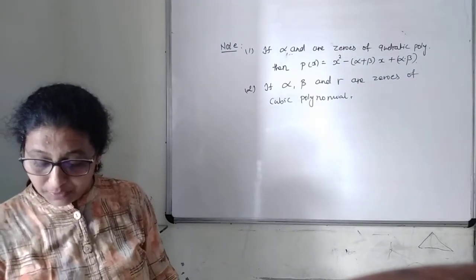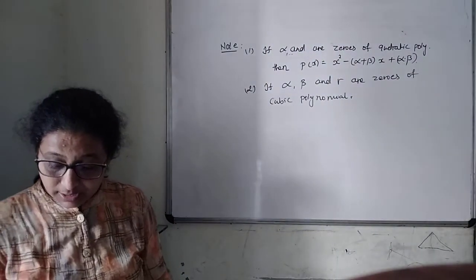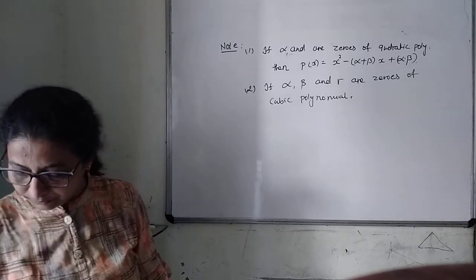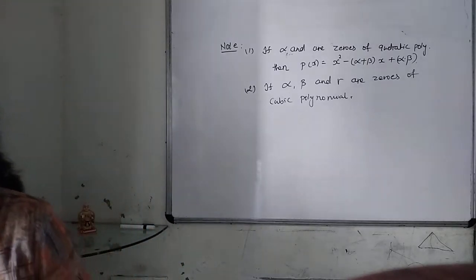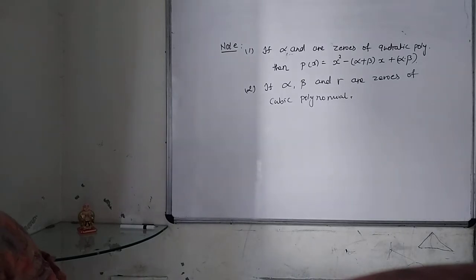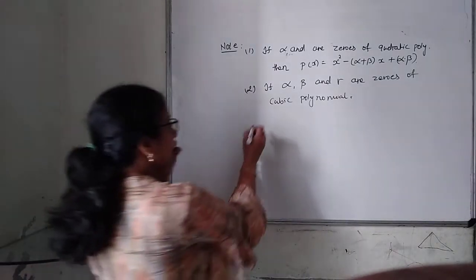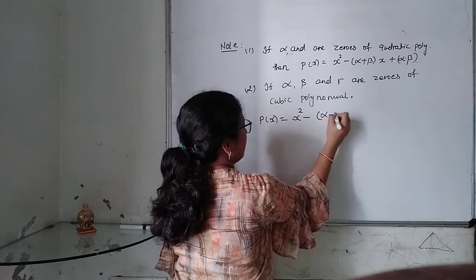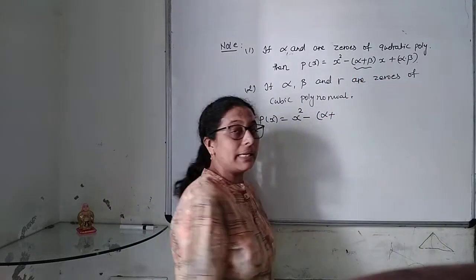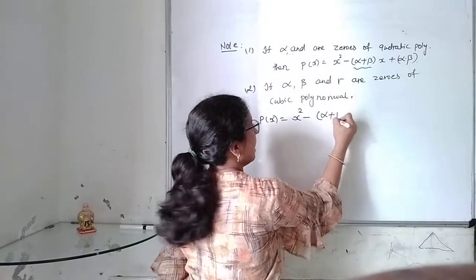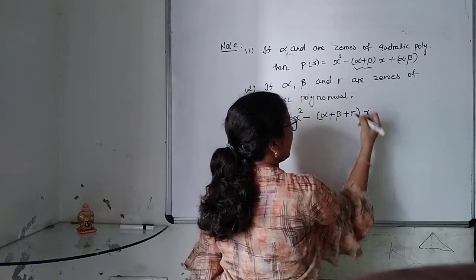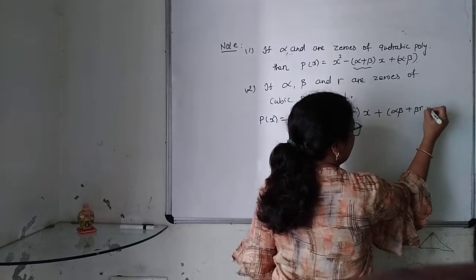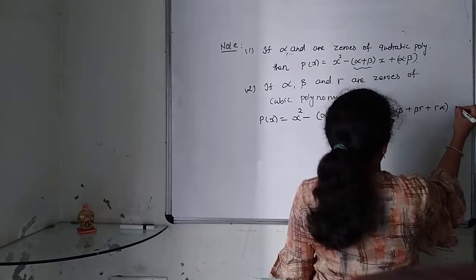That cubic polynomial is equal to, you just write the formula that here p of x is equal to x square minus, here is the 2 zeros, so we'll take the sum of the 2 zeros. Here alpha plus beta plus gamma x plus alpha beta, beta gamma and gamma alpha.